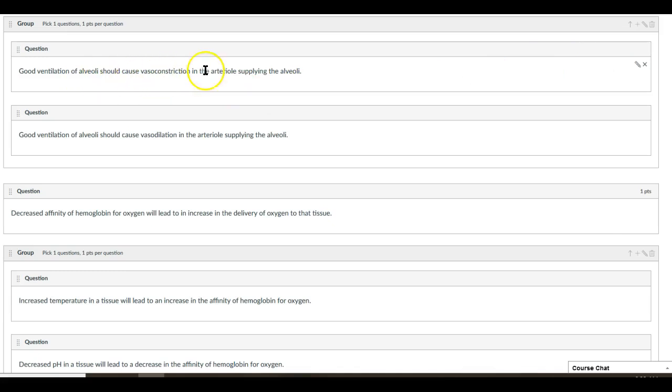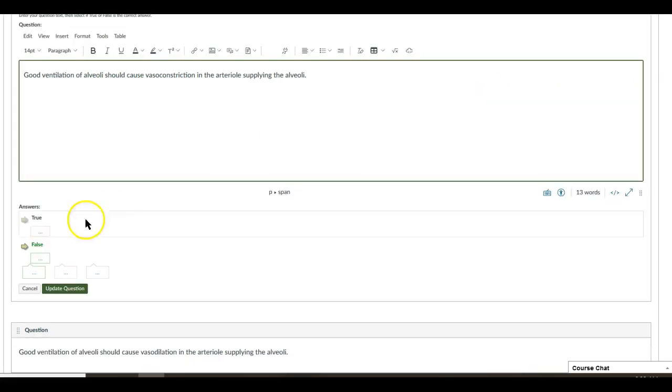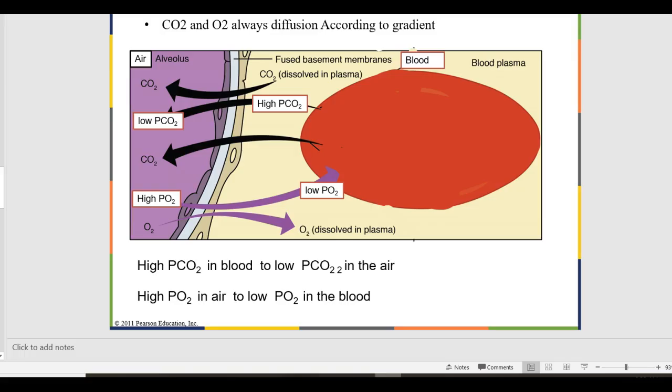Good ventilation, this should be false. Make sure I keyed it right, and it is. Right, so if an alveolus or some alveoli are not well ventilated, there is not a lot of oxygen in those alveoli to be had, so there's no point in sending a lot of blood to that alveolus.